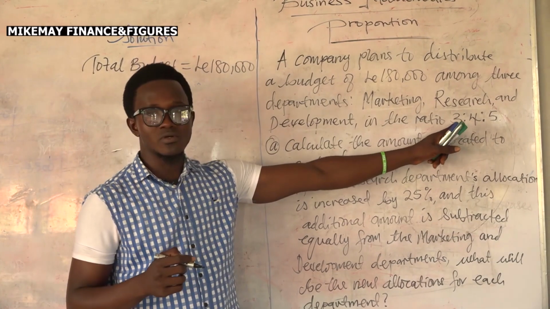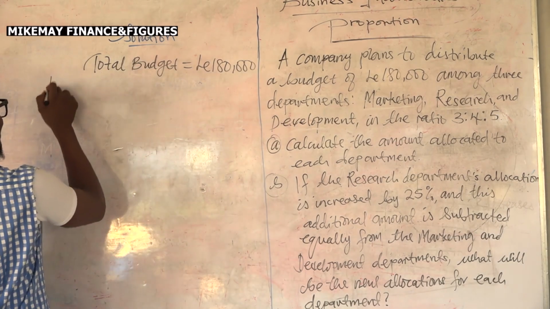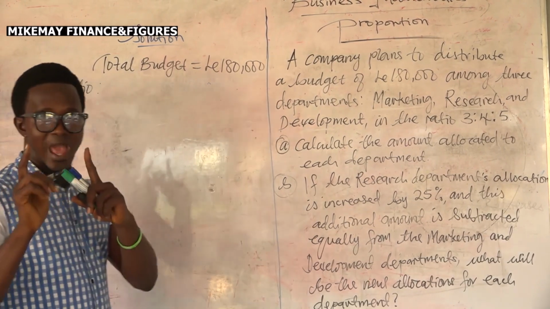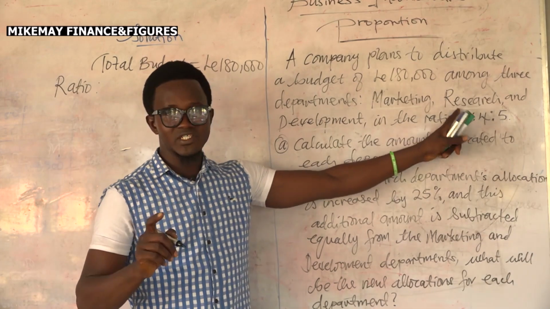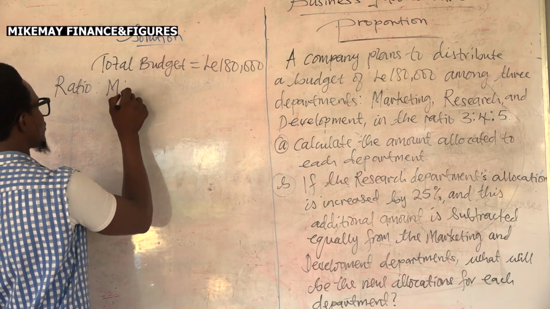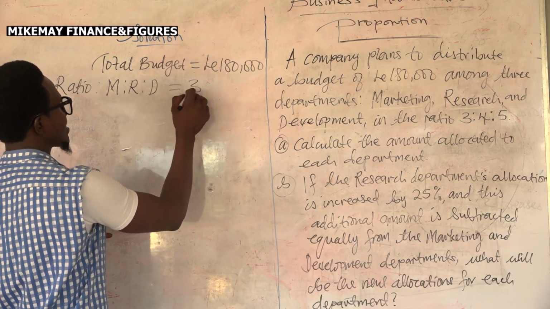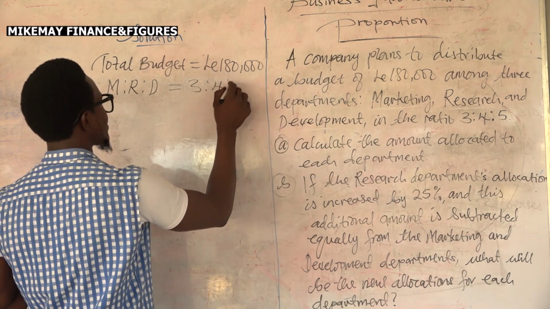The ratio for marketing, research, and development. Let's say ratio. Please, I want to use M for marketing, R for research, and D for development. So the ratio of marketing to research to development is given as 3:4:5.